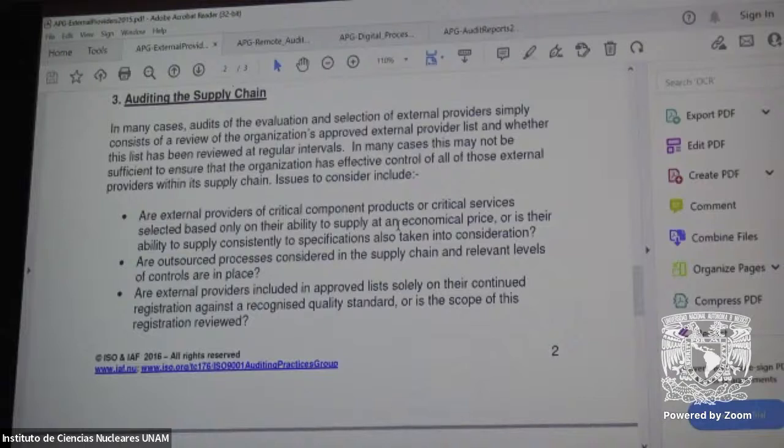So when a faculty or institute requires an audit, this is conducted based on the process of the coordination.